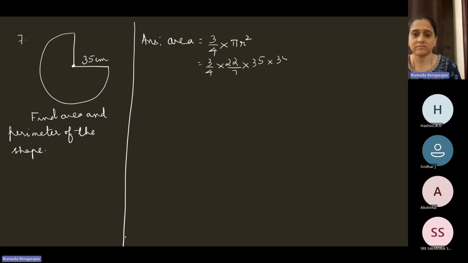And 4, 2 times 11 times 7, 1 times 21. Now we multiply to 5,775 by 2. 5,775 by 2, and that is 2,887.5.